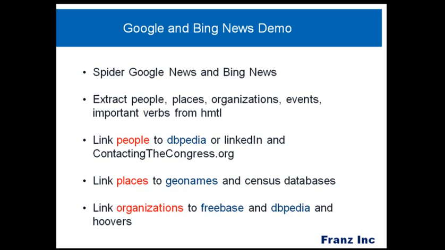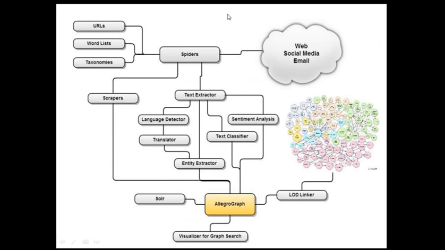And then we have a bunch of examples that I usually like to show when I talk about geospatial. So the first example is one where I spidered Google News and Bing News using this kind of framework where we can take spiders, feed them URLs and word lists, go to the web, get the text out of web pages or other pages, then apply entity extractors, so we get names out of a text, place names, people names, organization names, currencies, maybe even important events.